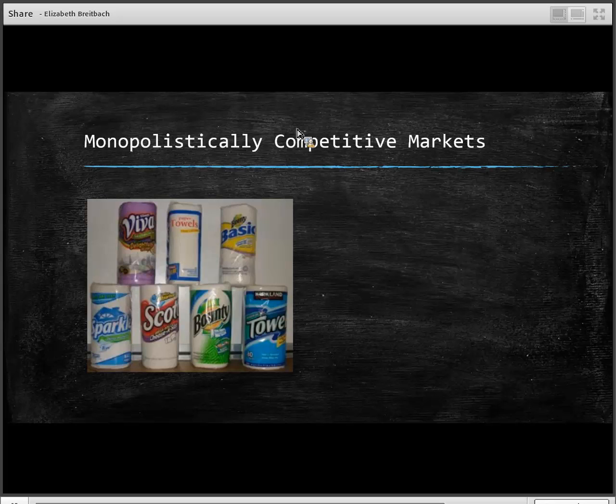So oligopolies also have control over prices, and it's going to be based on collusion, and we're going to talk about that in just a minute. There are entry barriers, more significant entry barriers than there are with the monopolistically competitive and the purely competitive. There might not be quite as many as a monopoly, but there are some barriers that are preventing new firms from entering into the market.